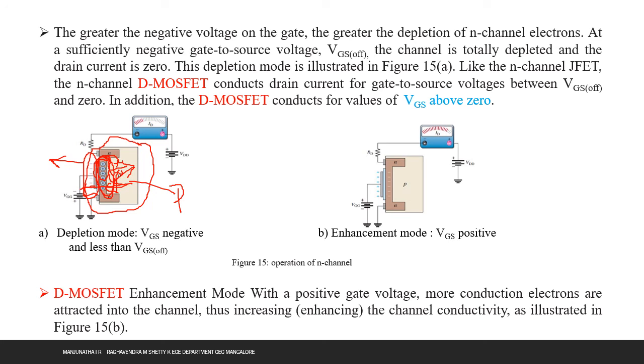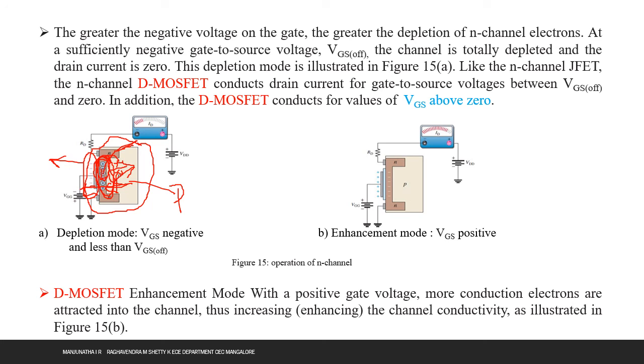Another possibility is the minority charge carriers at the N regions. The minority charge carriers there are positive, holes. From the N regions, these minority charge carriers will be attracted and accumulated here.